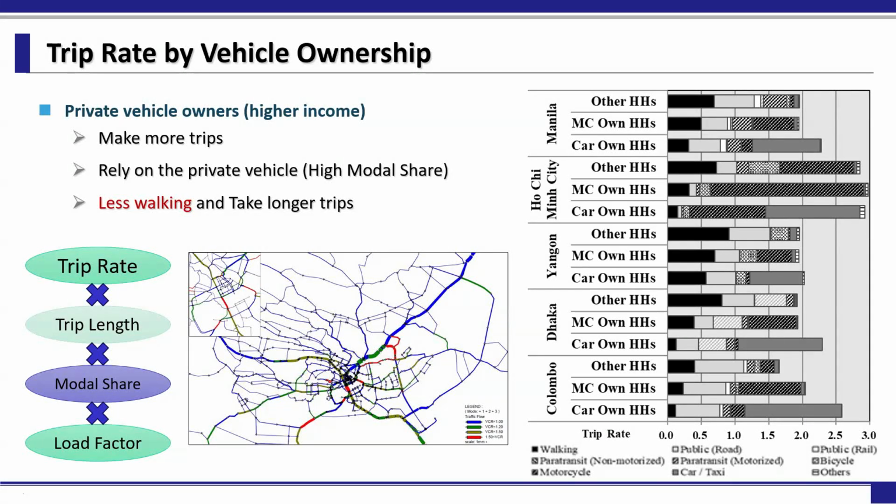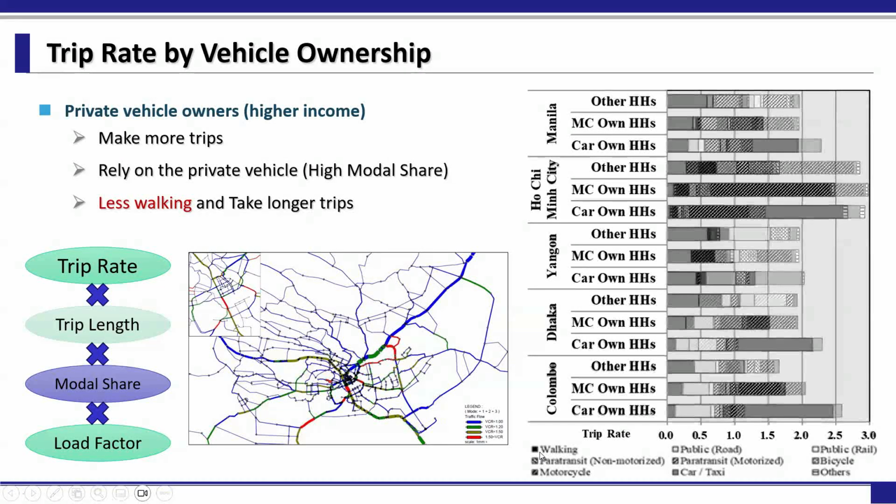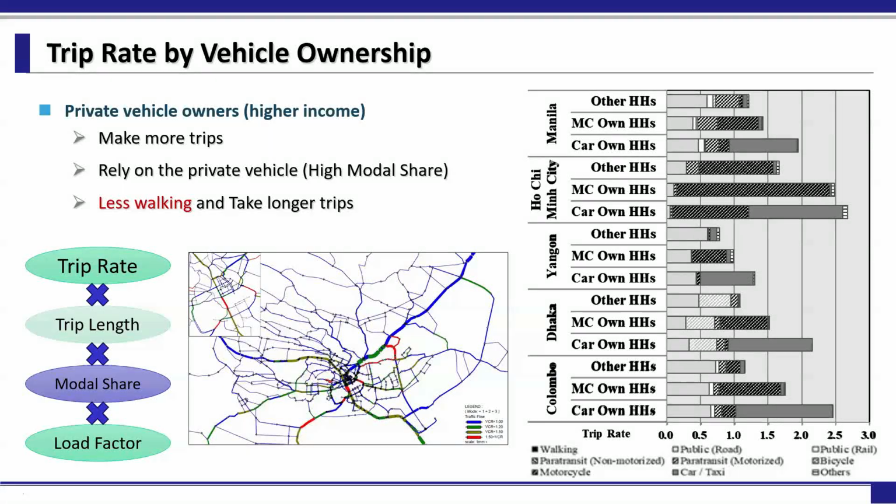However, when you delete the non-motorized trips, including walking and bicycle, you can see the trip ratio by motorized vehicles for private car owners is nearly twice that of other people. This is called the mobility gap between the car owner and the non-car owner.